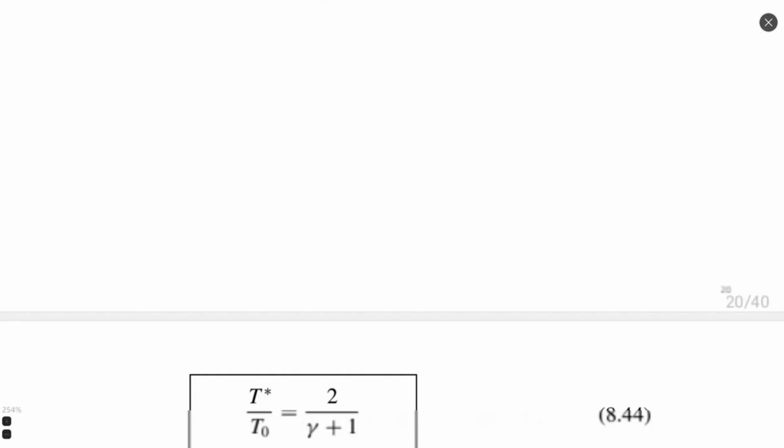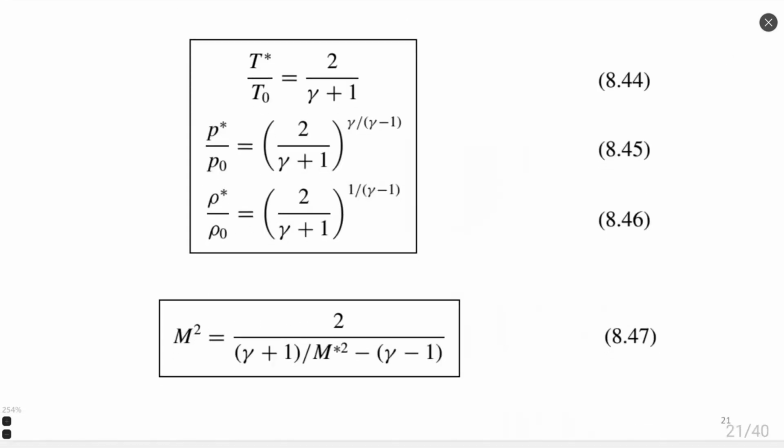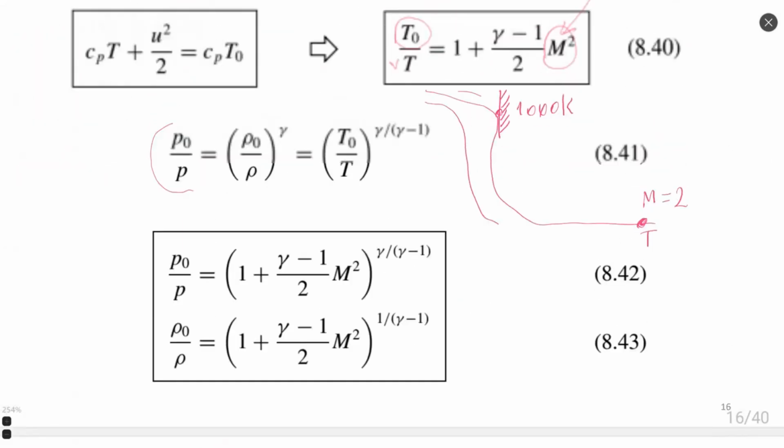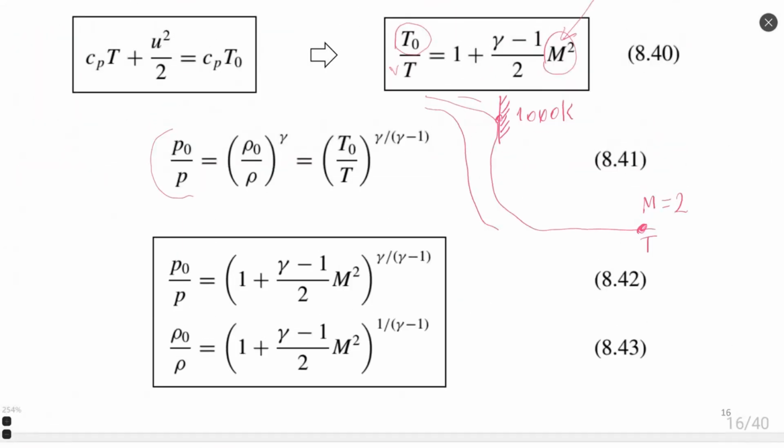Probably one of the last things I would like to show you today are simplified isentropic relations, where I can go back to formulas. Let's assume in these formulas I have a characteristic point, I have Mach equal 1. So instead of Mach number squared, I have 1, here and here.